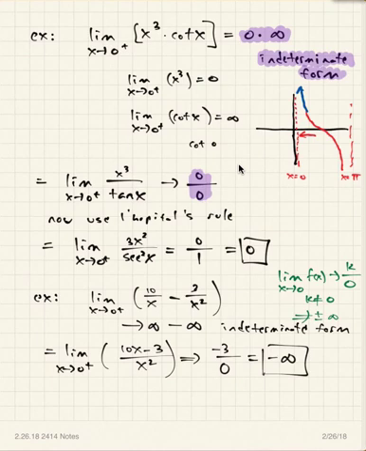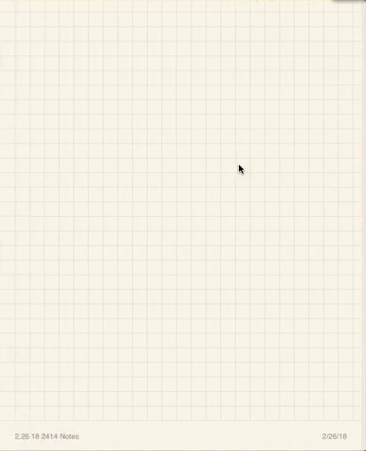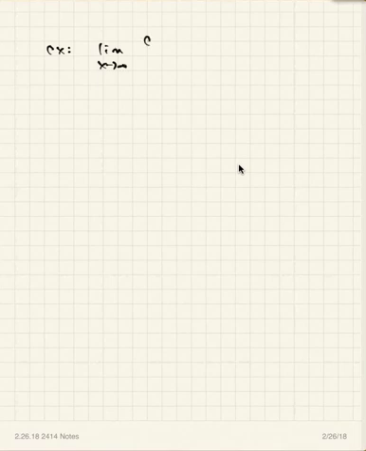All right, next problem. What I want to look at here is the limit as x goes to infinity of e to the x over x squared.